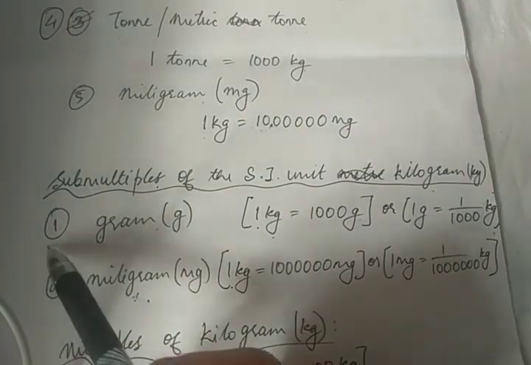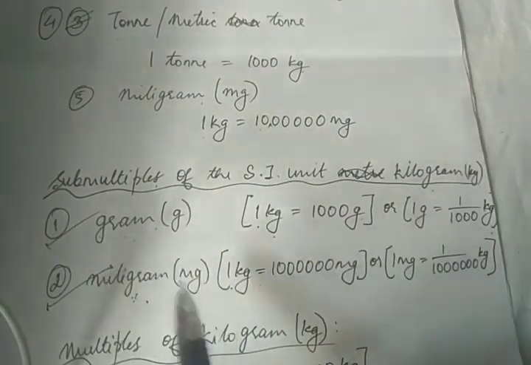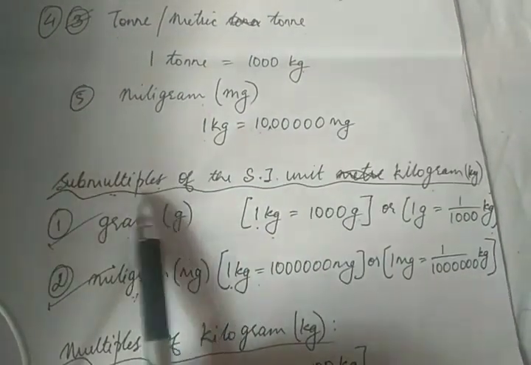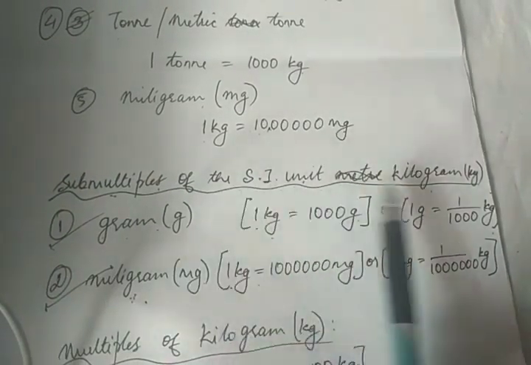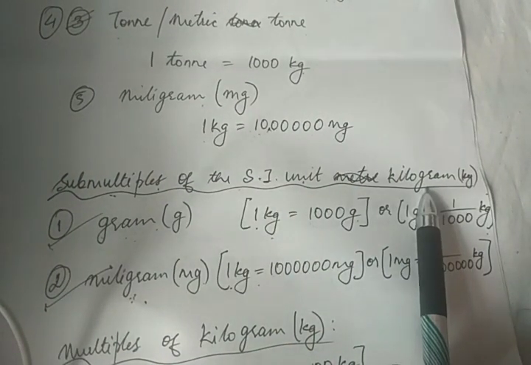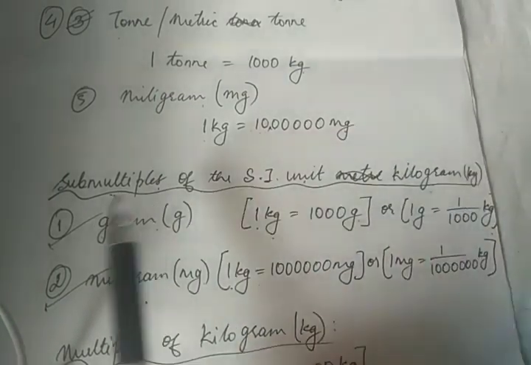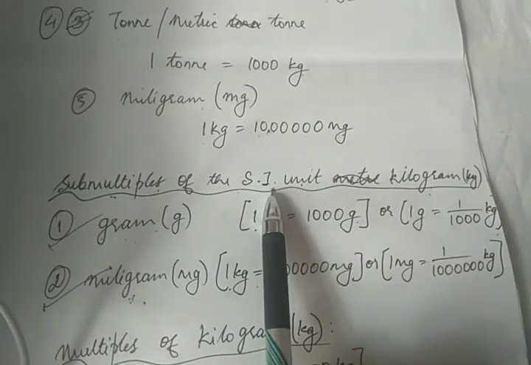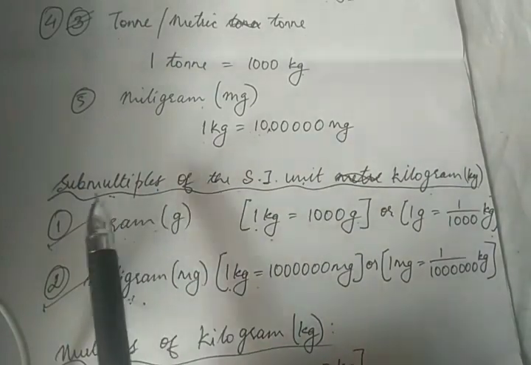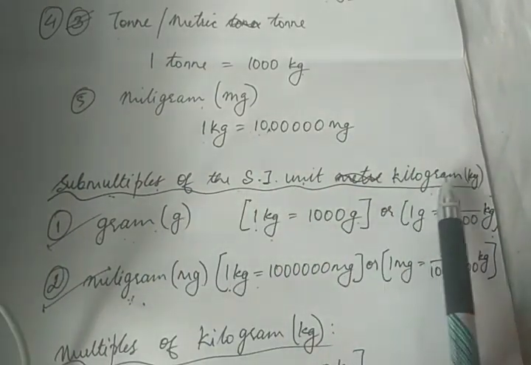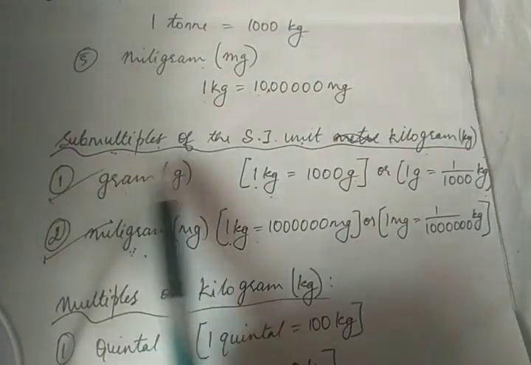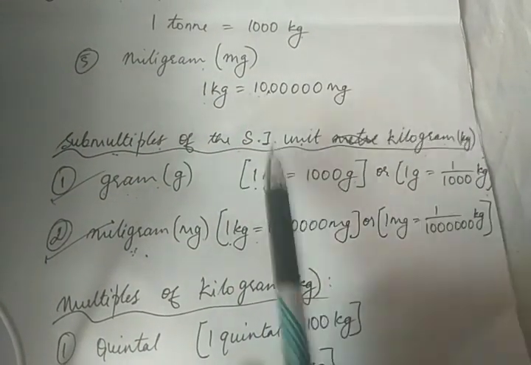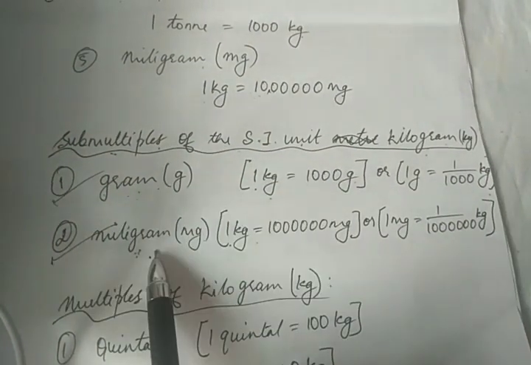So if someone asks what the submultiples of the SI unit of mass are, or what the submultiples of kilogram are, the answer is gram and milligram.